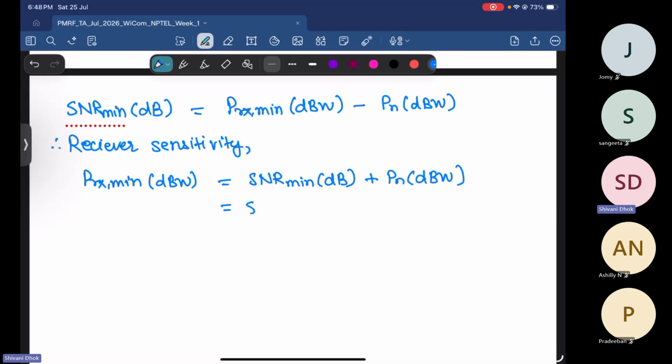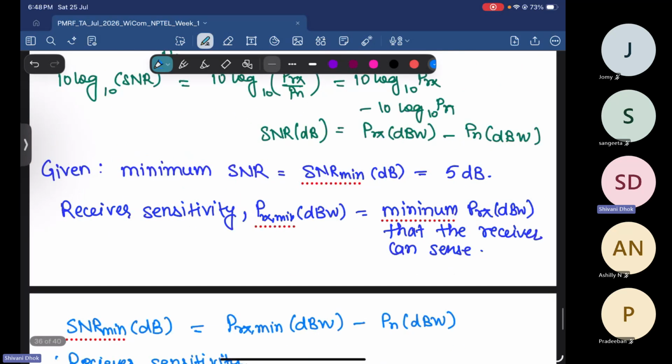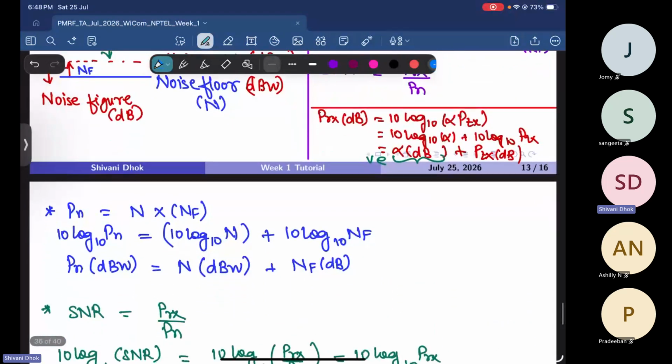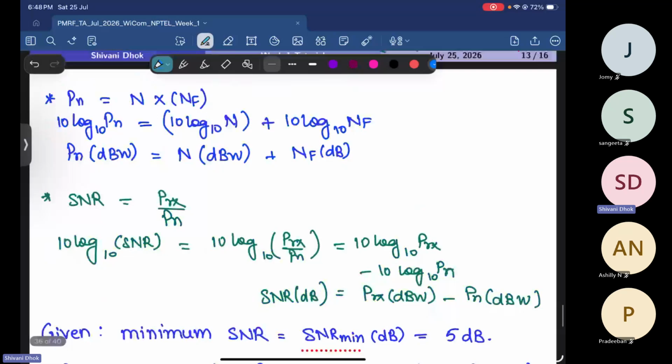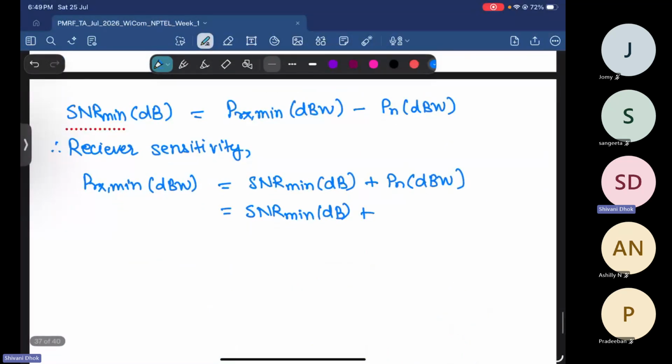SNR min in dB remains as it is, plus the noise power, which is a summation of two quantities, the noise floor in dBW and the noise figure in dB. So I can write this as N in dBW plus noise figure in dB.